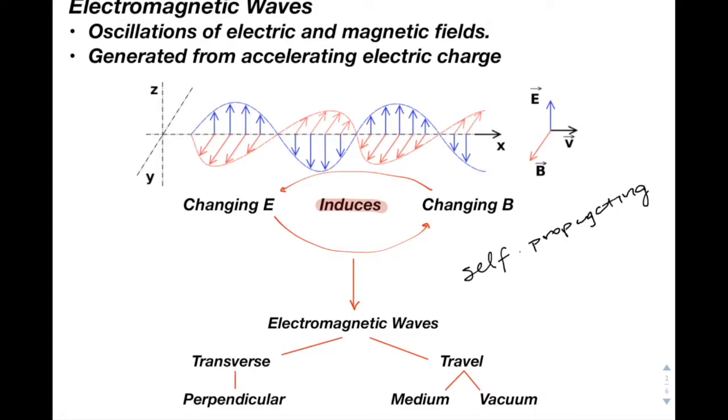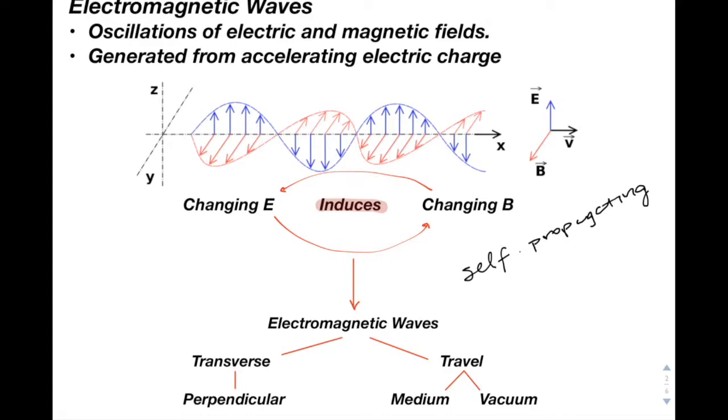So these electromagnetic waves are self-propagating, meaning that when you consider an electric charge that is accelerating, meaning it is changing direction or changing speed, that will induce a changing electric field because it's constantly accelerating. So when you have a changing electric field, that's going to induce a changing magnetic field. And these magnetic fields are going to be perpendicular to the changing electric fields.